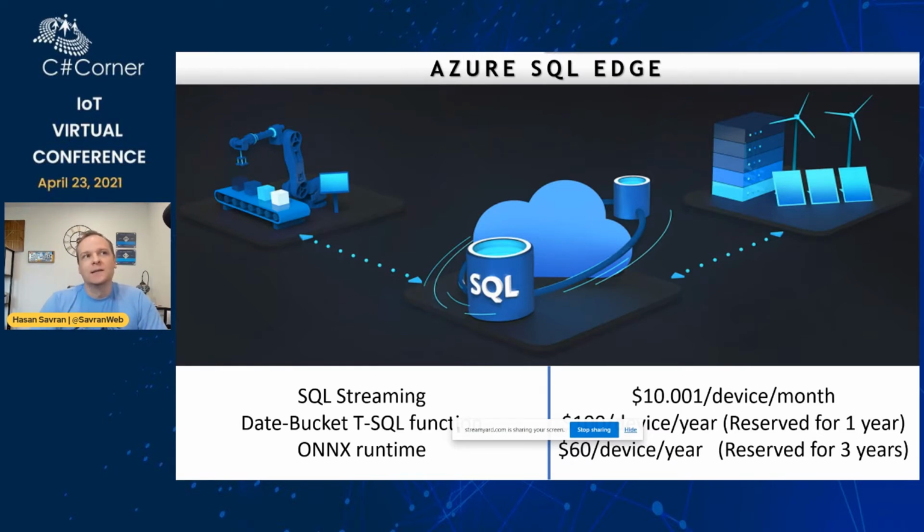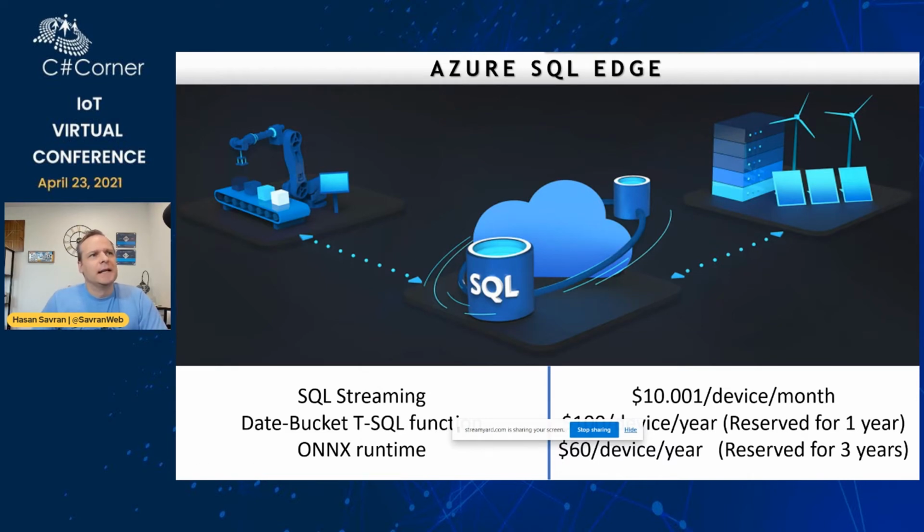But this is supposed to be only for IoT devices. If you try to use this for something else, it's against the licensing, and it's not going to be $10. Also, the billing starts when Azure SQL Edge is deployed to the device. So if it's failed or stopped, Microsoft will not care. They will always bill you for that, so you need to be careful.